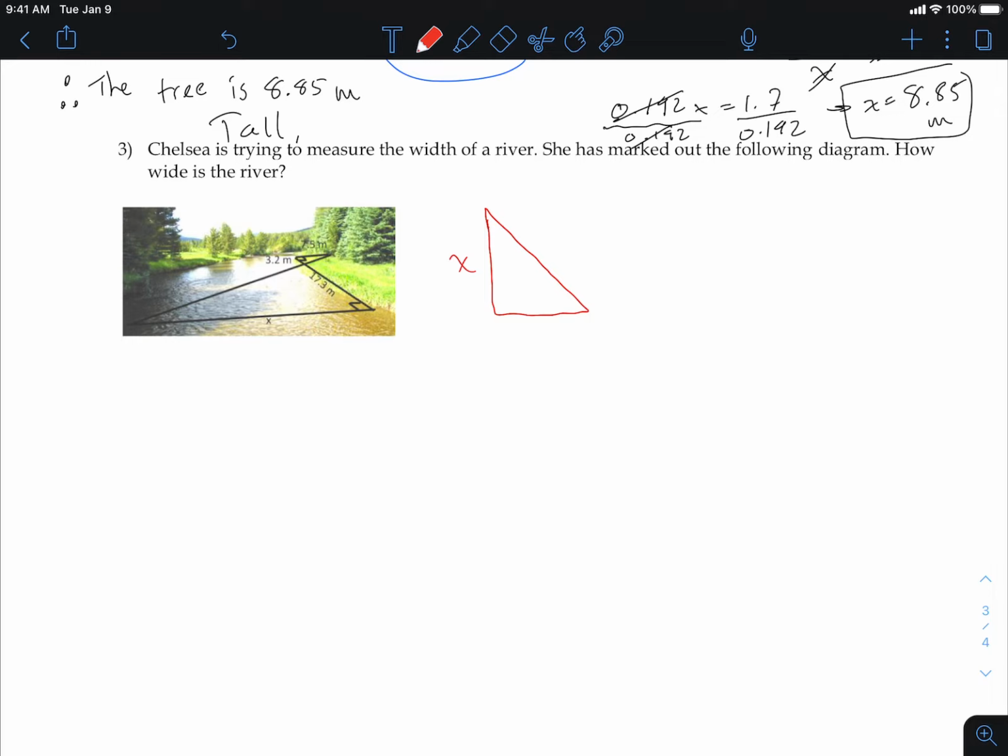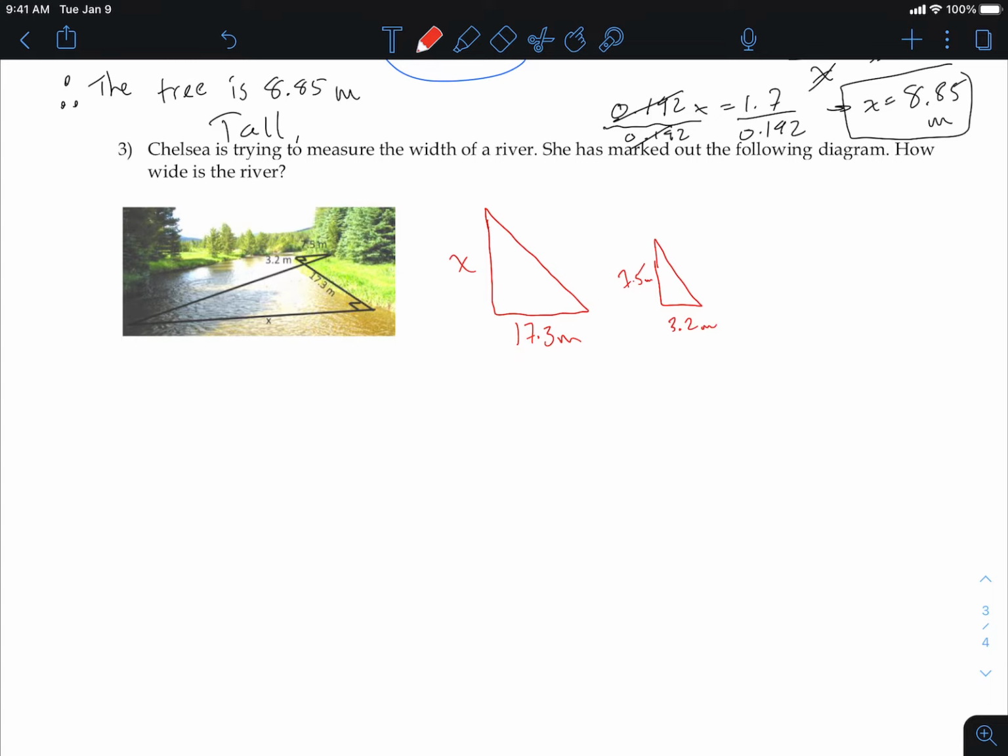And then the base, along the bank, is going to be 17.3 meters. And then, additionally, she would have measured another little triangle, right, of 7.5 and 3.2 meters.